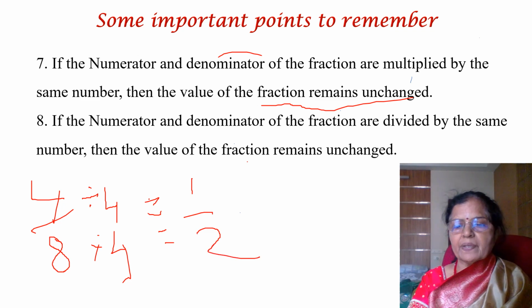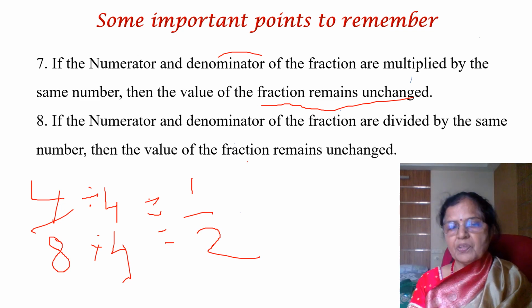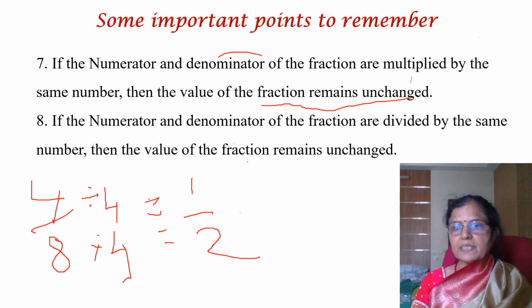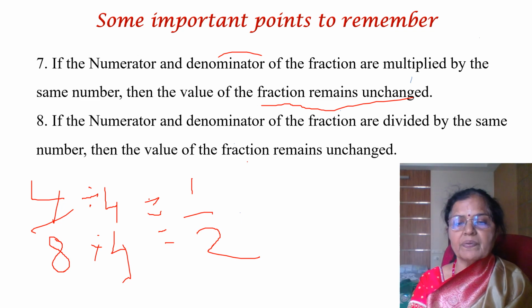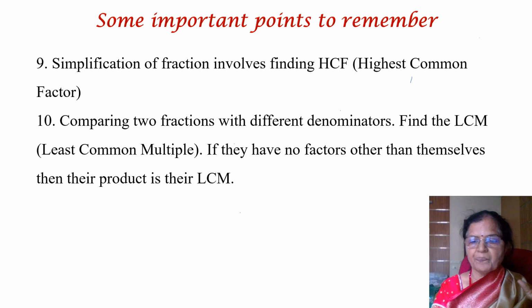So this is the point. 7th and 8th point says this thing. If the numerator and denominator of the fraction are multiplied by the same number, then the value remains unchanged. And the same way, if both of them are divided by the same number, then also the value of the fraction remains unchanged.